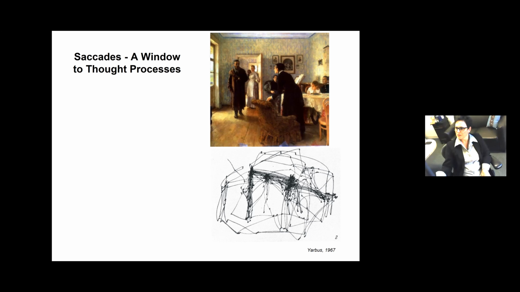He did a series of really cool experiments measuring eye movements in people and how they move their eyes while they look about visual scenes. And here's an example of something that Yarvis did. He presented them with paintings such as this, very complex visual images, and he monitored their eye movements while they looked about these visual scenes.